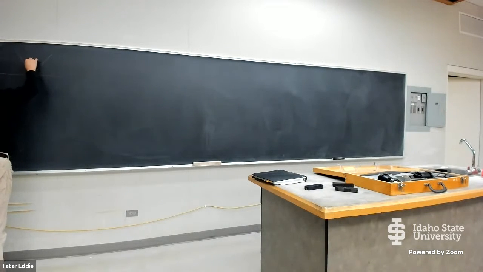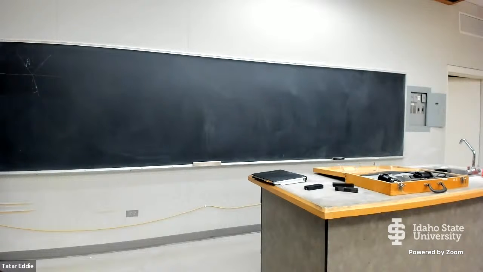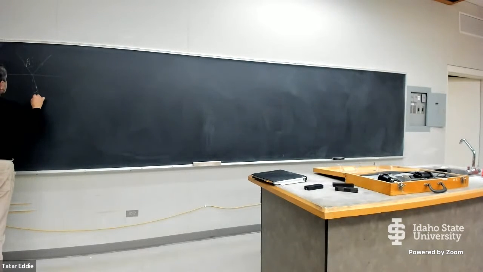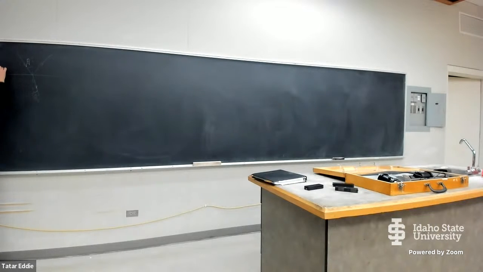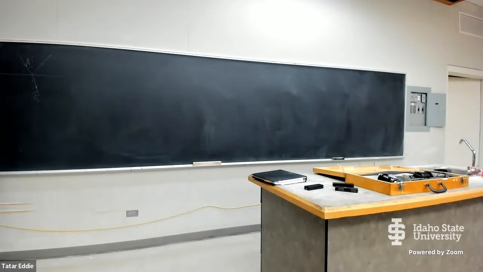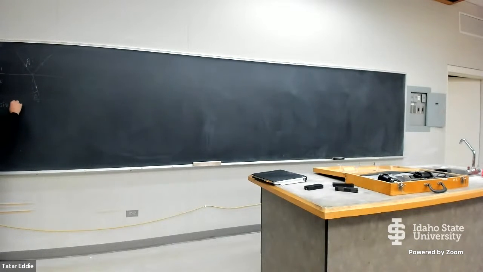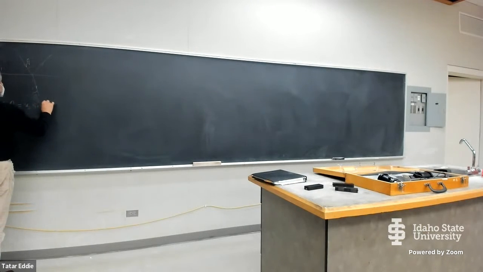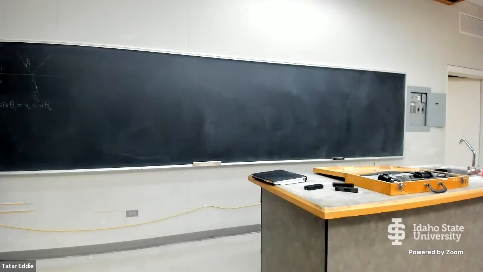If the incident angle is theta 1 and the angle between the refracted light ray and the normal is angle theta 2, and if the first material has index of refraction n1 and the second material has index of refraction n2, we said that n1 multiplied by sine of the angle theta 1 is the same as n2 times sine of the angle theta 2.